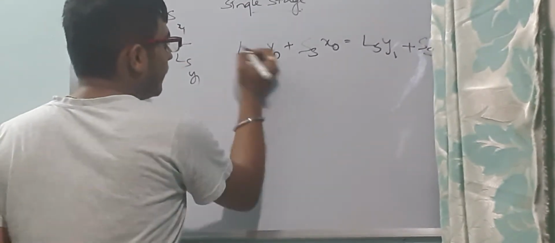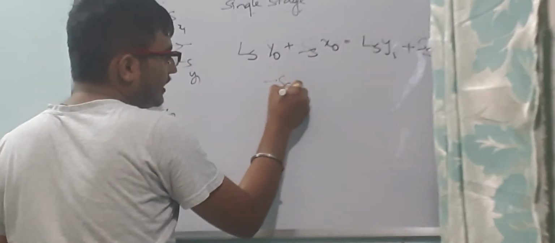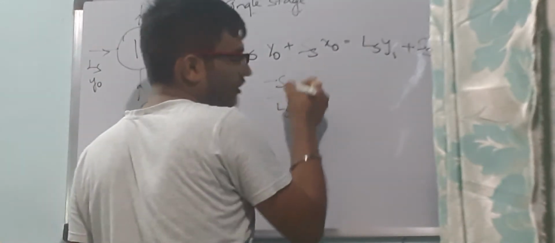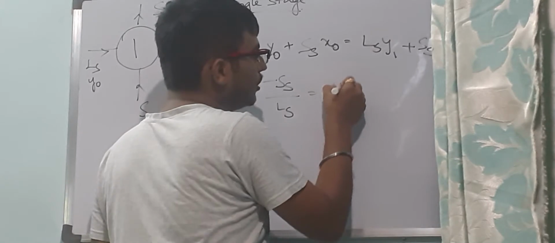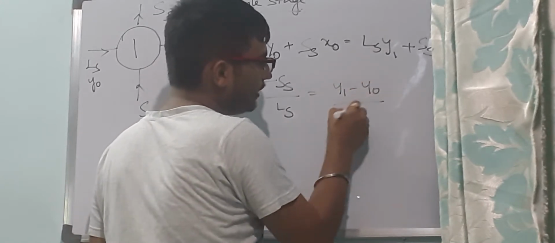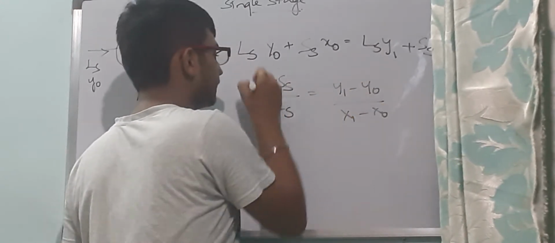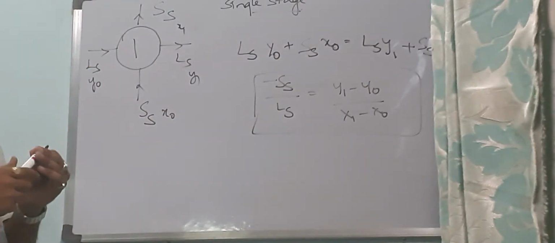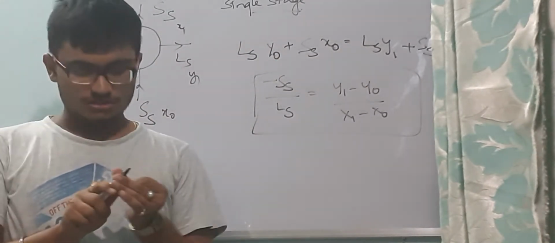So you get on separating, minus Ss by Ls is equal to Y1 minus Y0 by X1 minus X0.